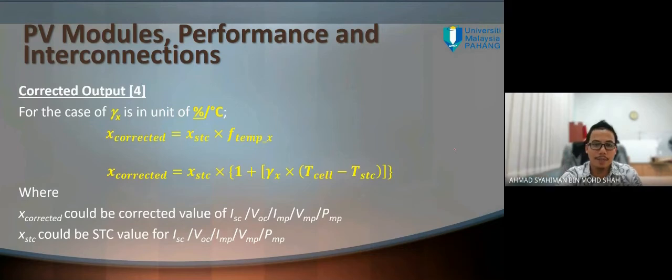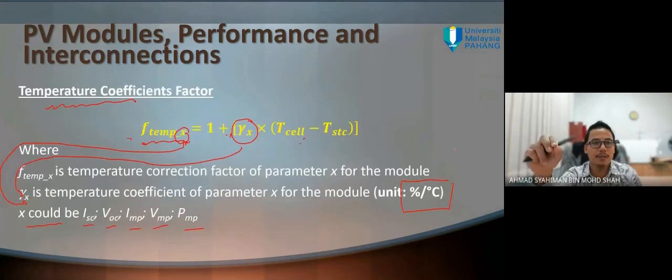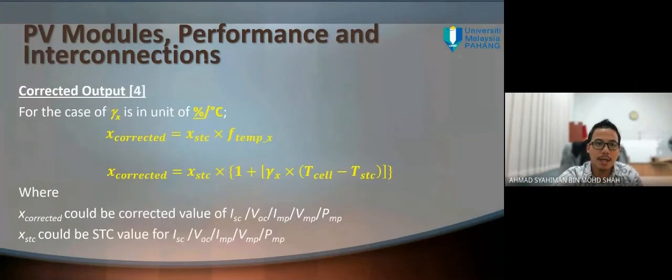Tadi saya cakap temperature coefficient factor ni is the default equation for the temperature coefficient factor in the unit of percentage over degree C. It applies to all calculation, untuk power, current and voltage. And then next is the corrected output.